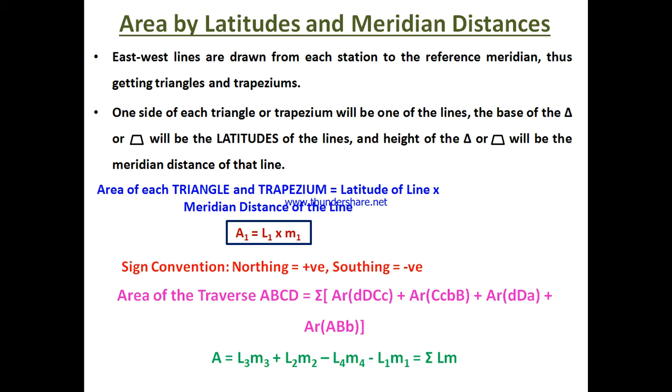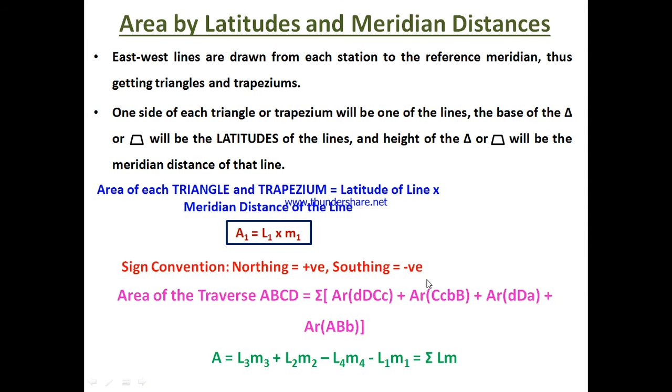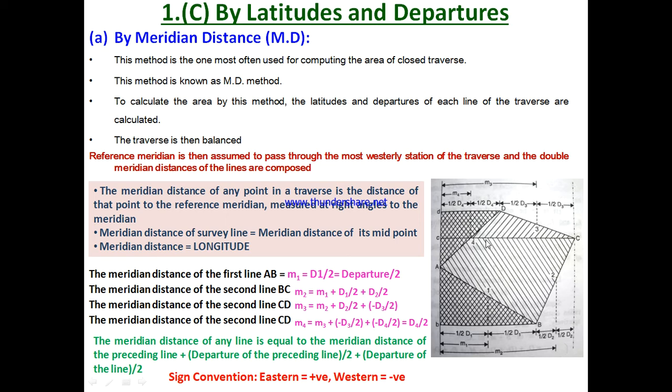So in DDCC, either you can calculate the area of this trapezium, or the meridian distance for this particular case into the latitude value will be equal to the area.